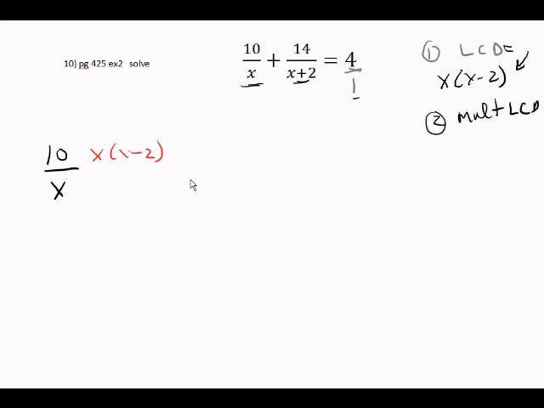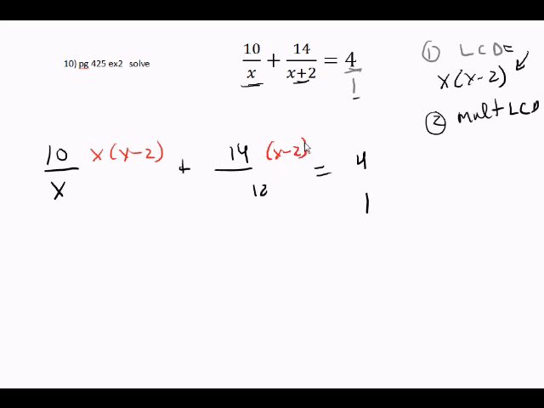Okay, so we're going to multiply this by the x and the x minus 2. Then I have a plus 14 over x plus 2. And then I have a 4 over 1.